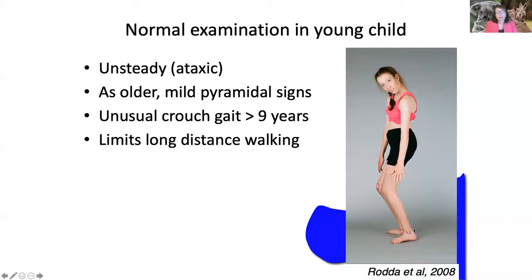And this crouch gait is a problem as they grow older, in that it limits long distance walking, such as when they go to the shopping centre, and families of adults with Dravet syndrome will often need to use a wheelchair if they're going a longer distance, although the individuals can certainly still walk around the house.